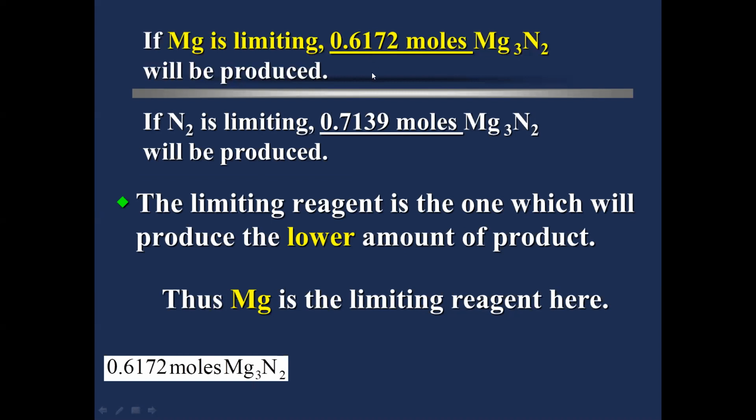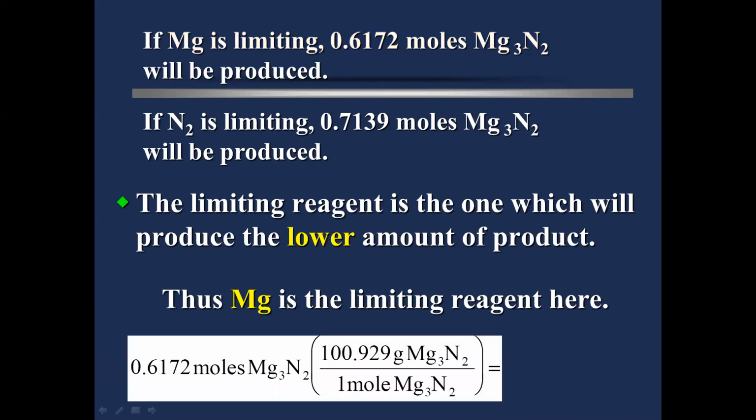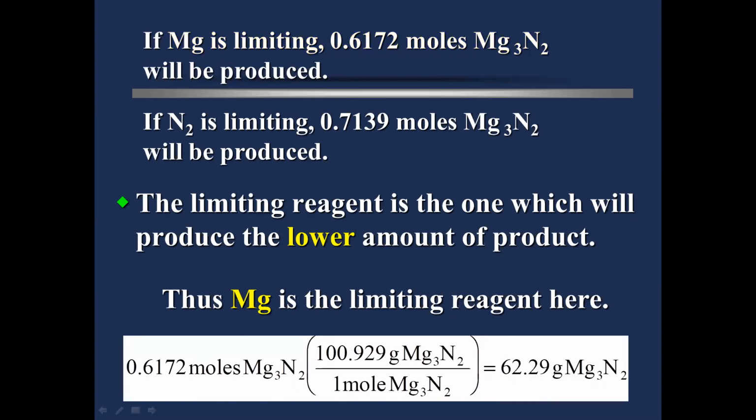I use the moles times their molar mass. 1 mole is equal to this many grams. Now I have these moles, so I multiply them by this. You get how many grams? You see, this is the final answer for this question.